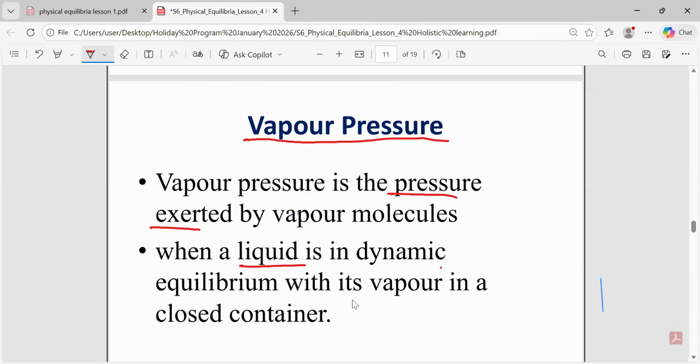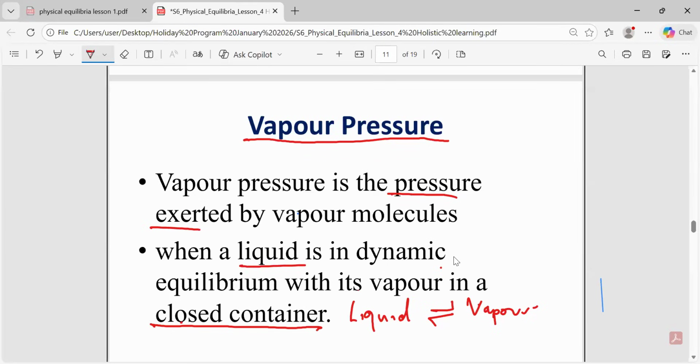So in this case, we are looking at a liquid and a vapor. But there's something that they have told us: in a closed what? Container. So we're exerting pressure on this which is closed, and they're saying that this pressure that is exerted by vapor molecules when a liquid is in dynamic equilibrium with its vapor is the one we call a vapor pressure.